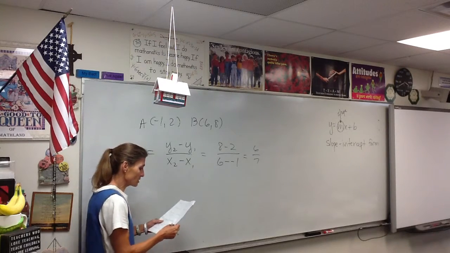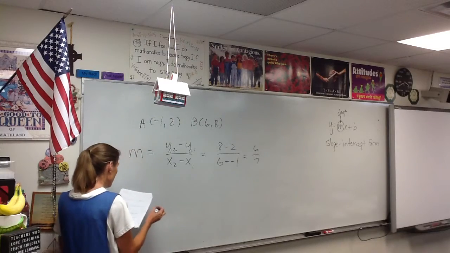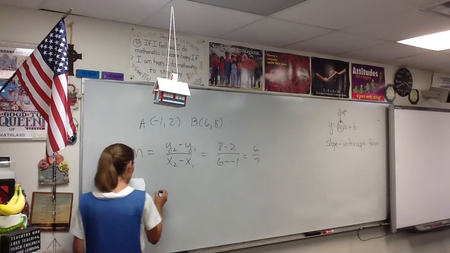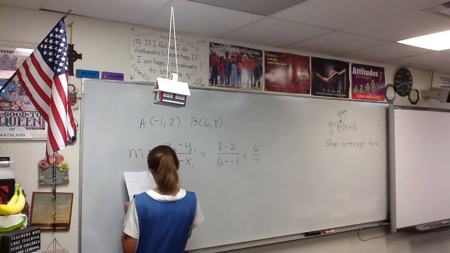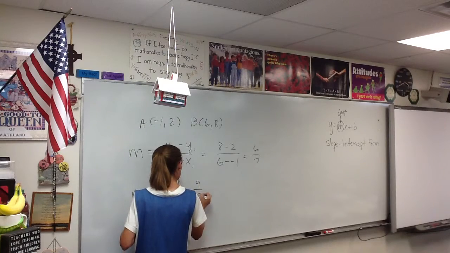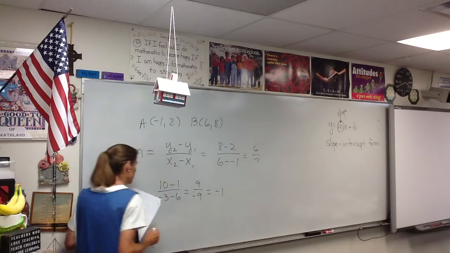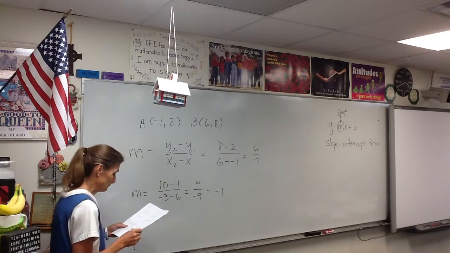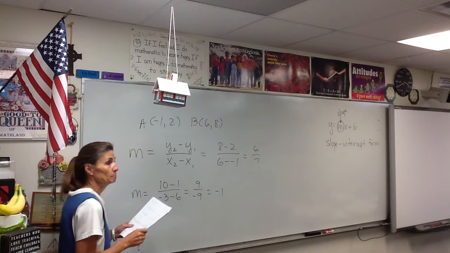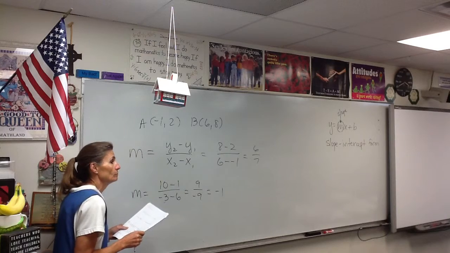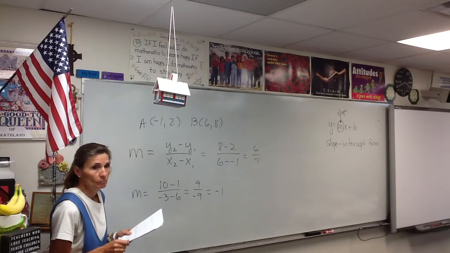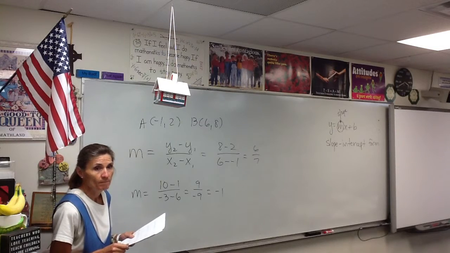So why don't you do the next one? On your own there, tell me what you get for the next one, number 2. I'll do it up here, but don't look up here until you're done so we check it. Negative 1?